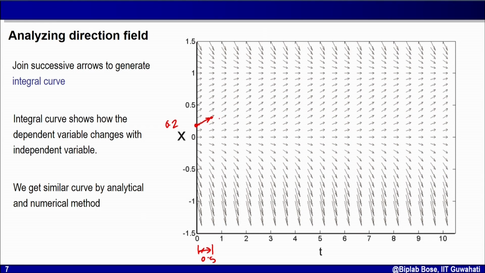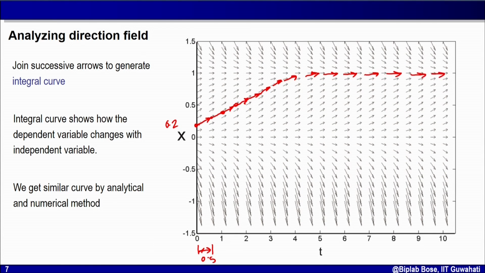Then if I increment time further by 0.5, following this arrowhead, I will reach here. Then incrementing time further, using the same arrowhead, I will reach there. Then if I keep on following these arrows, with increment of 0.5 in time, eventually I will reach 1 when the arrowheads will become horizontal, and I will keep moving along these as the slope remains equal to 0.